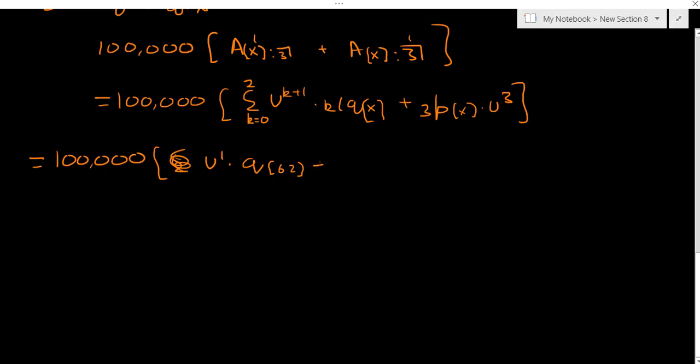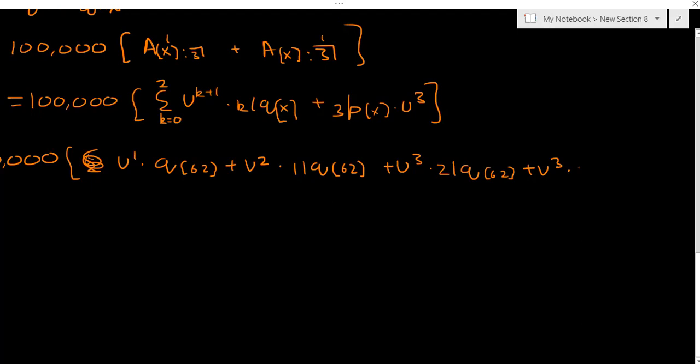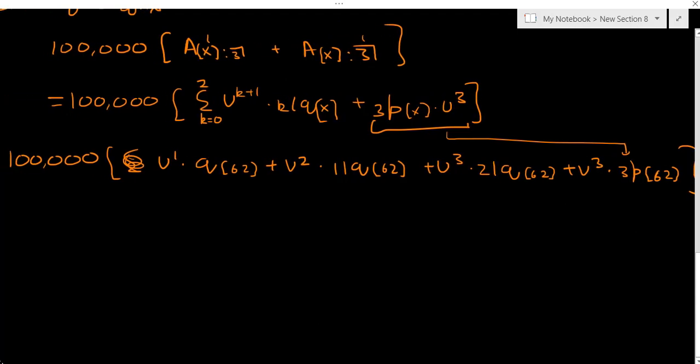Then I've got plus v to the power of 1 plus 1, that is 2, into 1 deferred q62, plus the final payment, that would be v to the power of 3 into 2 deferred q62, plus this factor, it just becomes v to the power of 3 into 3p_x, that is 62. This is this factor. Okay, so now let's just try and expand this and find the values that we need.